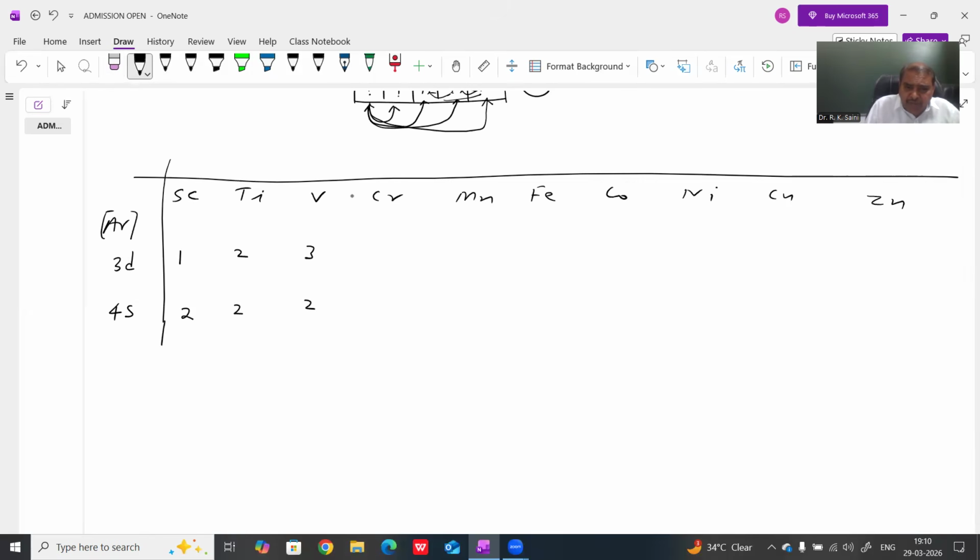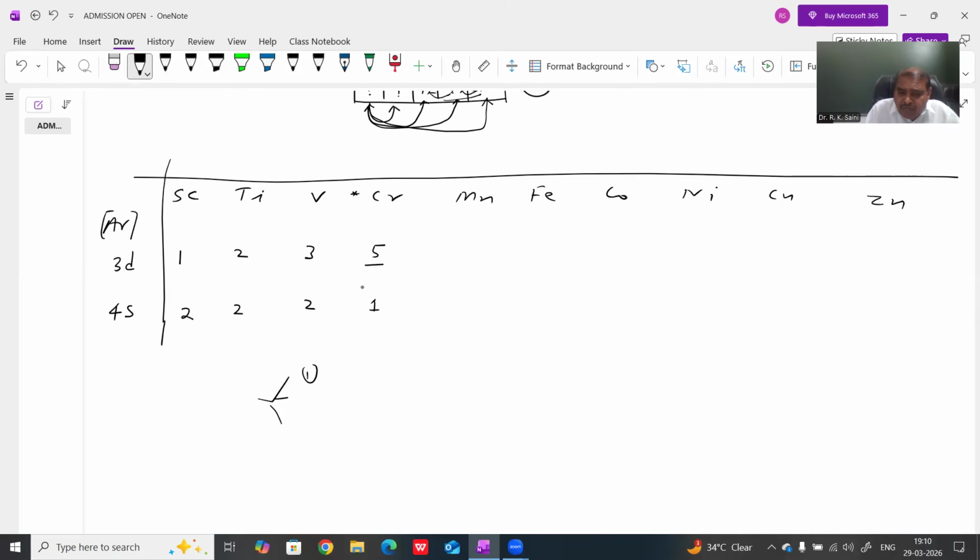In the case of vanadium, it is normal, but in chromium the electronic configuration is exceptional, and this exception is explained with the help of the above three points, namely the small energy difference between 4s and 3d, so electrons are easily transferred. Half-filled electronic configuration of the d orbitals has a symmetrical arrangement.